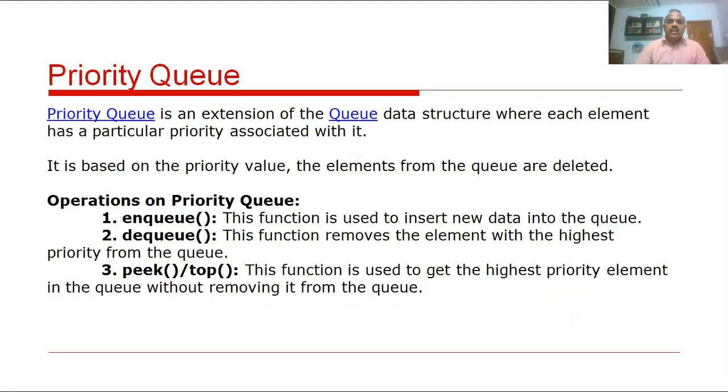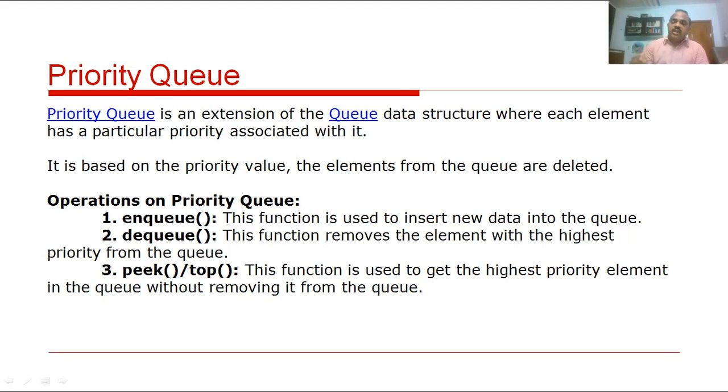Clear? Then the last one is the priority queue. A priority queue is an extension of the queue data structure where each element has a particular priority associated with it.